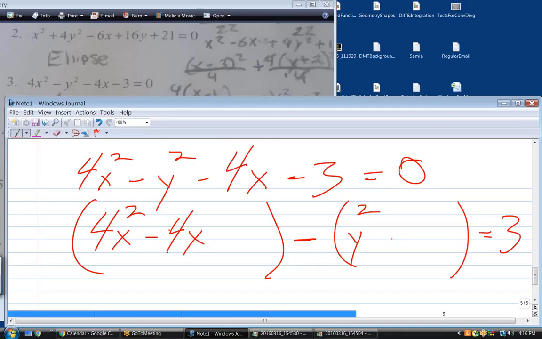Is it just that there's no y term? Oh, it completely destroyed my argument. So it's just like this. This would have been a better problem if it had a plus 6y.